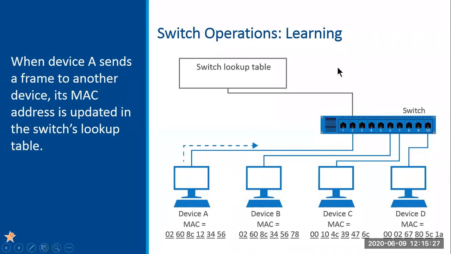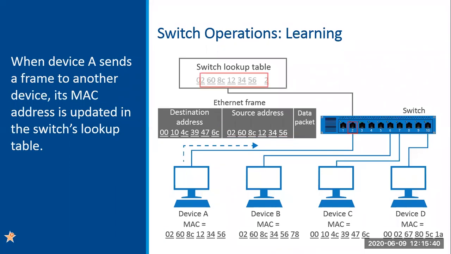So assuming a switch has just booted up, its MAC address table might be empty at first. So when device A sends out a frame, the switch will first examine the frame's source MAC address and then add that to its switch lookup table. The switch says, aha, I just received a frame on my port 2 with this source MAC address.